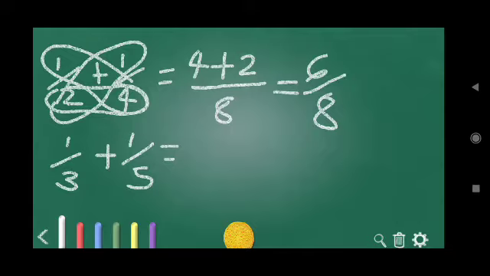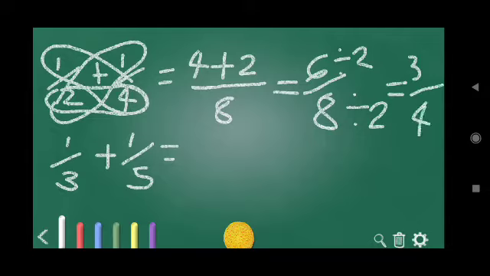Instead, you divide it by the common number that can divide both the numerator and the denominator. In this case, 6 and 8 can be divided by 2, so we divide them by 2 in order to reduce the fraction to its lowest term. 6 divided by 2 is 3, 8 divided by 2 is 4, so 1/2 plus 1/4 gives you 3/4.